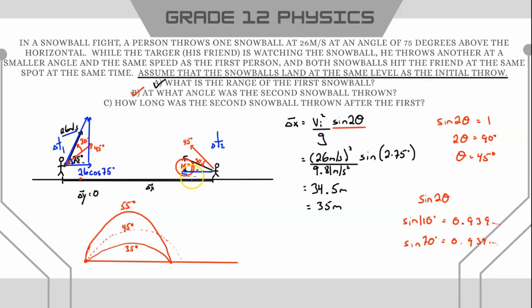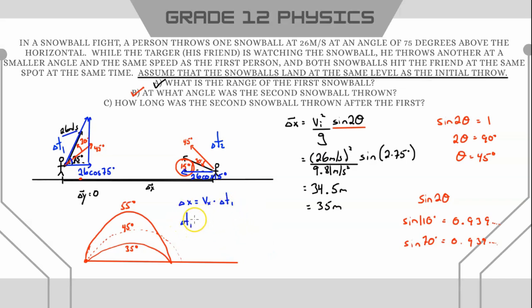Similarly, for this one, it'll be 26 cos 15 degrees. Right, so we have delta x, or displacement, equals velocity, vx, times time. So let's do it for T1 first. All right, so if we're doing it for T1, we're just solving, so rearrange.